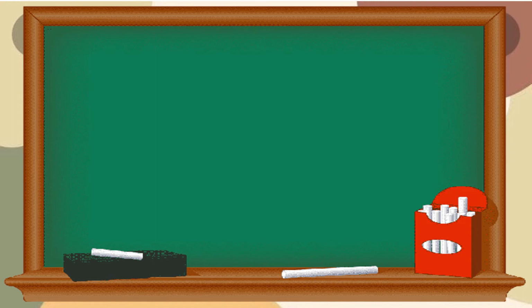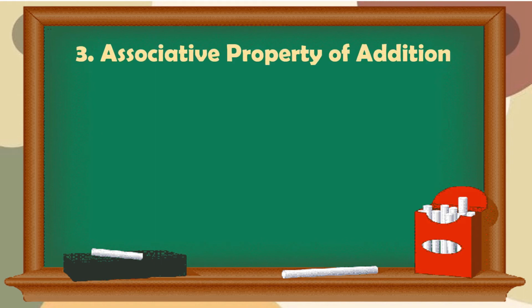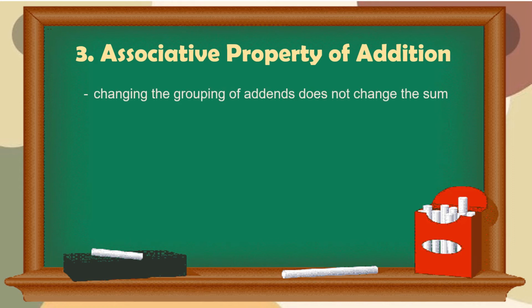Our second to the last property is associative property of addition. It is changing the grouping of addends does not change the sum. On the given example, 9 plus 7 plus 3. 9 plus 7 is considered as one group.